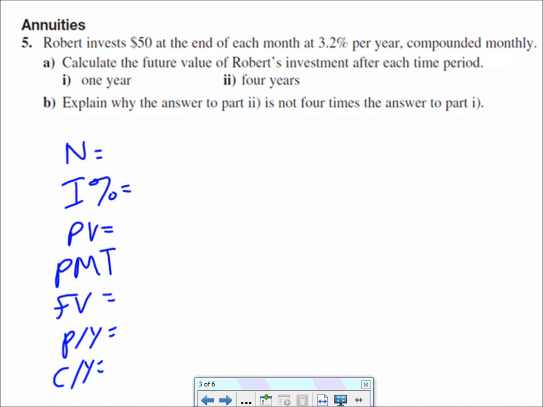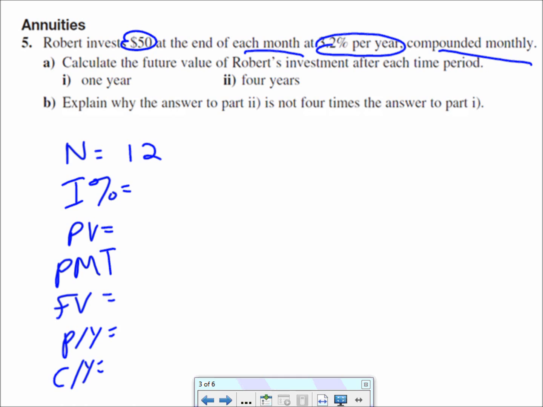Okay, so each one of these will change. When we're looking at an annuity, N is the number of payments, okay? So if we're doing 1 year, let's just read again. $50 at the end of each month, compounded monthly. So N is going to be 12.